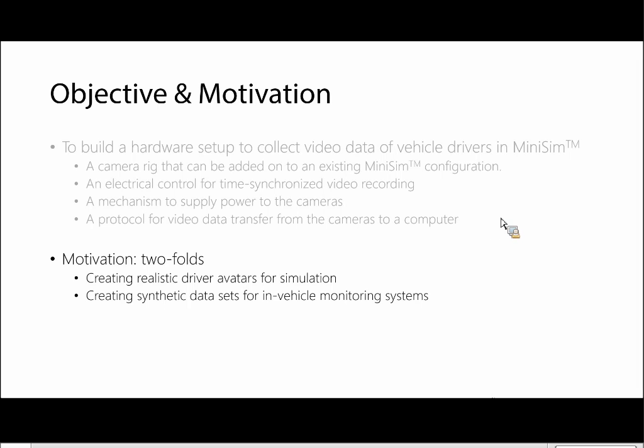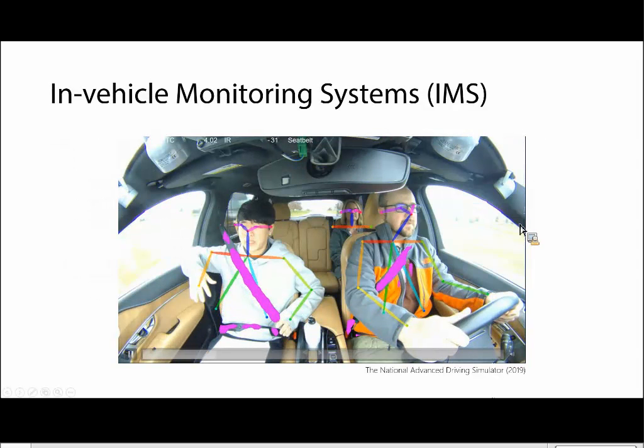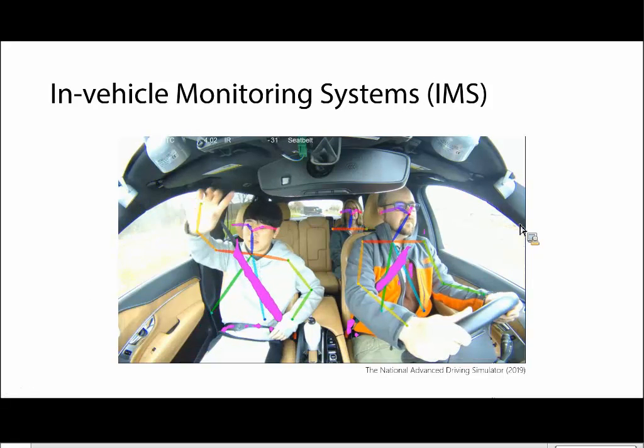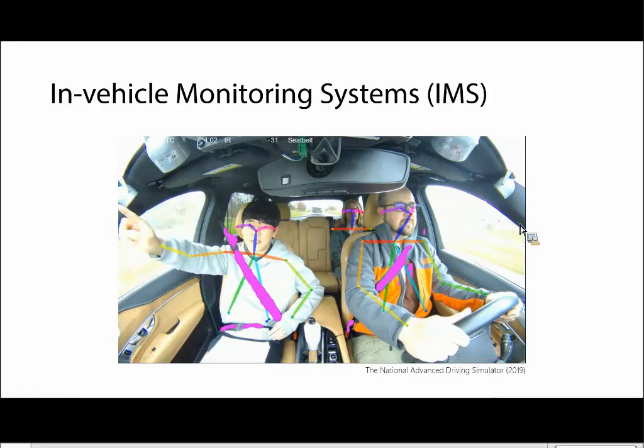So with deep learning, for example, we can develop an in-vehicle monitoring system that records videos of the people in the car, and then we can track their kinematic motion, their facial expressions, and a lot of things that can be measured through optical sensors.